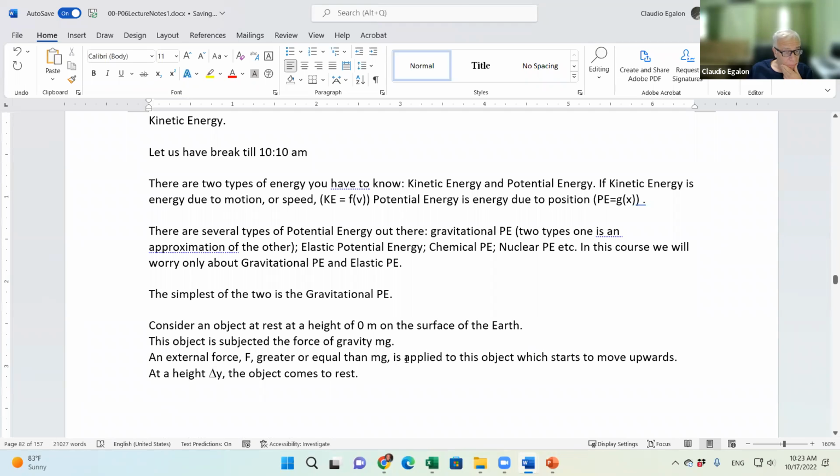So when something like that happens, note that during this process, the work done by F is positive and the work done by mg is negative.